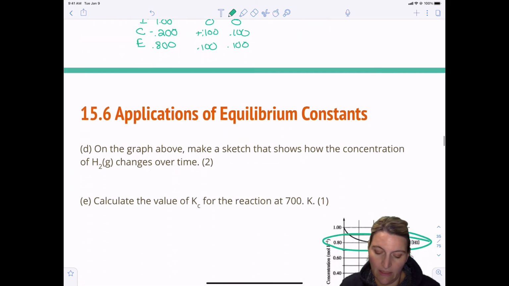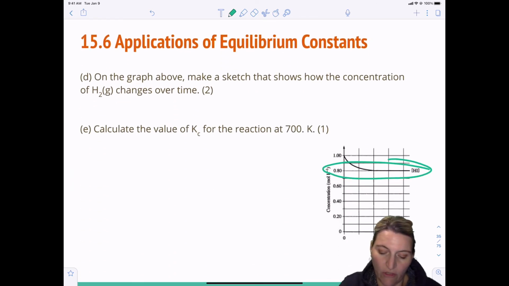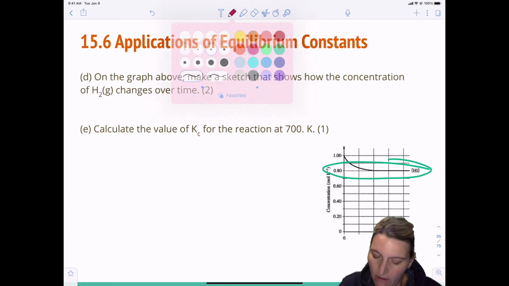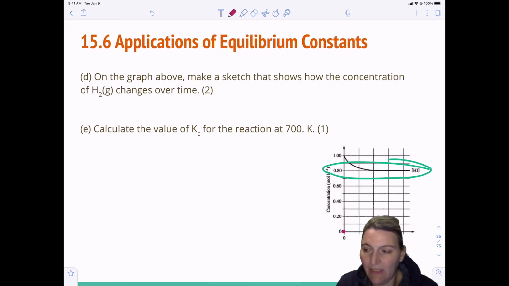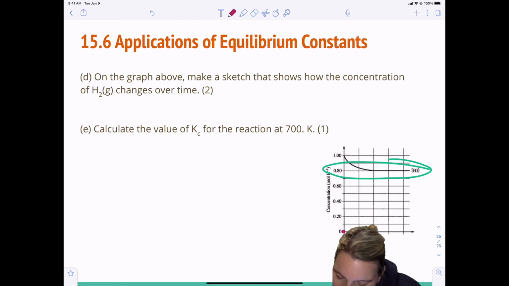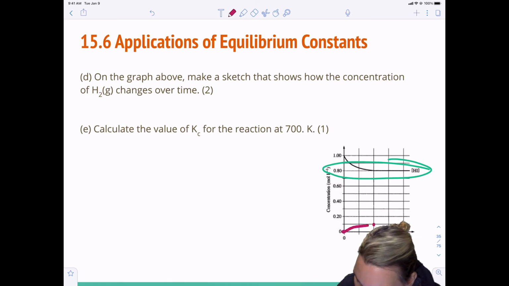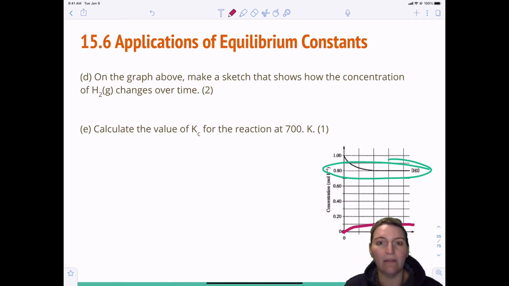D says on the graph, show the concentration of H2 over time. So what we're looking for here would be showing that it starts at 0, and at about the same time as the HI reaches equilibrium, we want the H2 to reach equilibrium, and it should reach it at a concentration of 0.10. So it should look something along those lines.